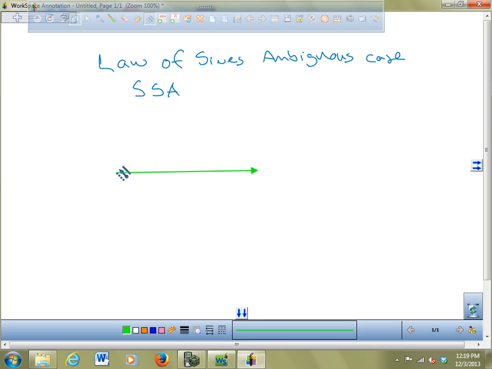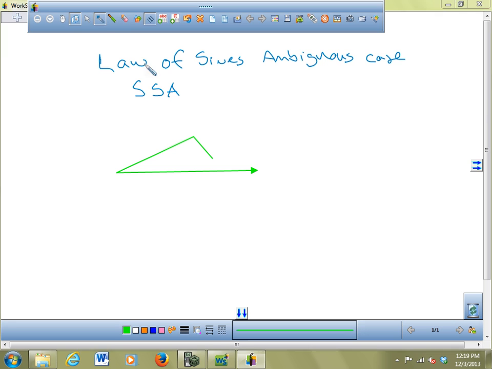I have another side going this way, and this side has a given length, and this other side has a given length over here. So say you know this side and this side. You don't know this side, but you do know this angle. So say you know this angle is theta or something like that, or A or B.